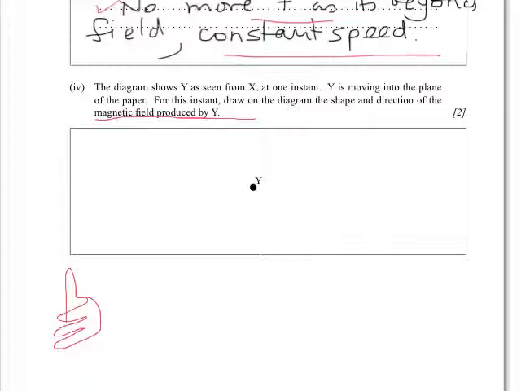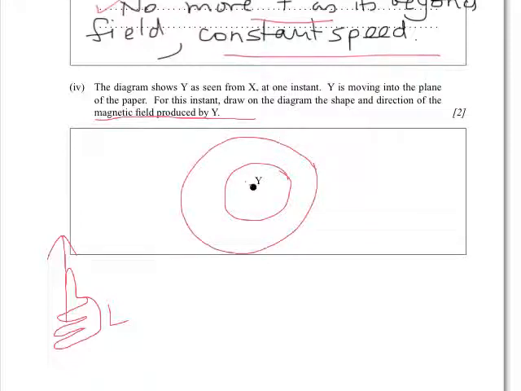Okay, if your thumb shows the direction that the current is flowing, which in this case would be into the paper, if you take your left hand and you point your thumb at Y into the paper, the concentric magnetic field lines should follow the direction of your fingers, which are anti-clockwise. You get credit for showing a minimum of 2 lines.